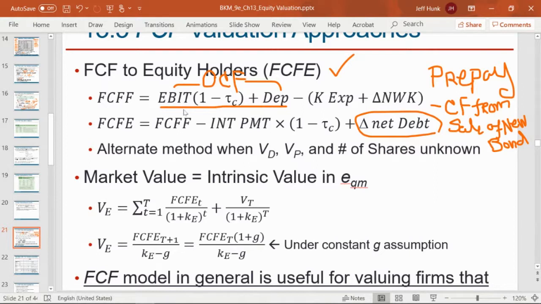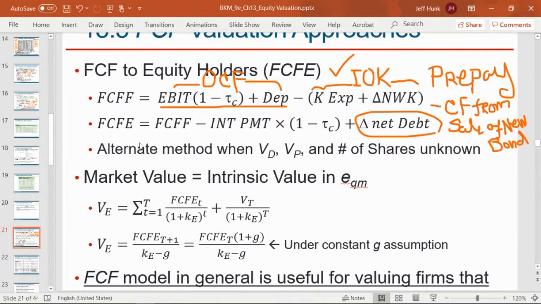And interest is still included because it's a potential cash flow to the firm if you're not paying out interest, right? And then add depreciation. So that's operating cash flow. And this portion is called investing in operating capital. Okay, that's free cash flow to the firm.